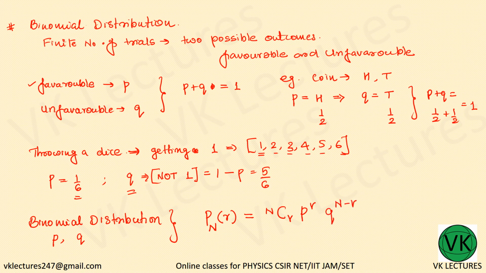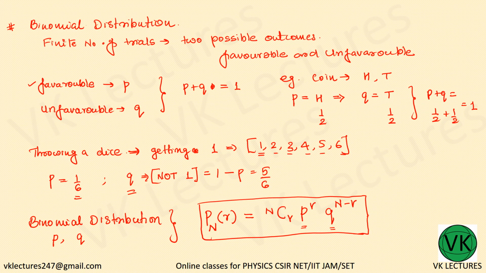This is the binomial distribution formula, where P is the favorable probability and Q is the unfavorable probability.